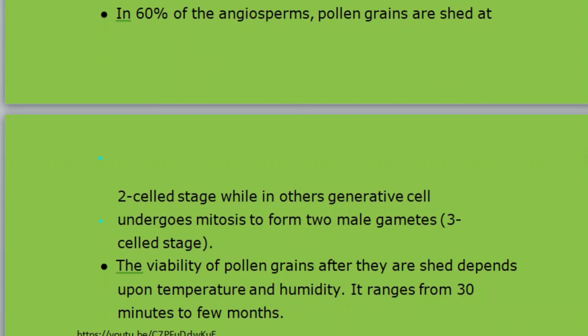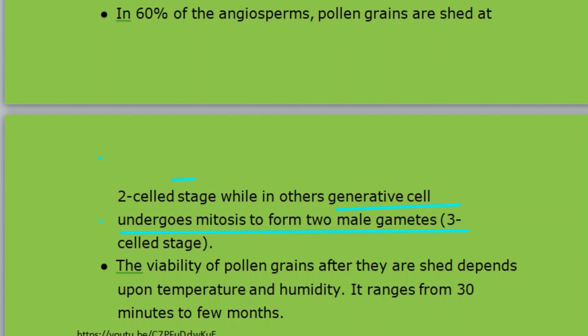Now this generative cell divides. Again this is important. Till now I have not used the term gamete. Every time I am telling you that it is pollen grain. Pollen grain is not a gamete. Pollen grain means microspore. Another term we can use for pollen grain is male gametophyte.